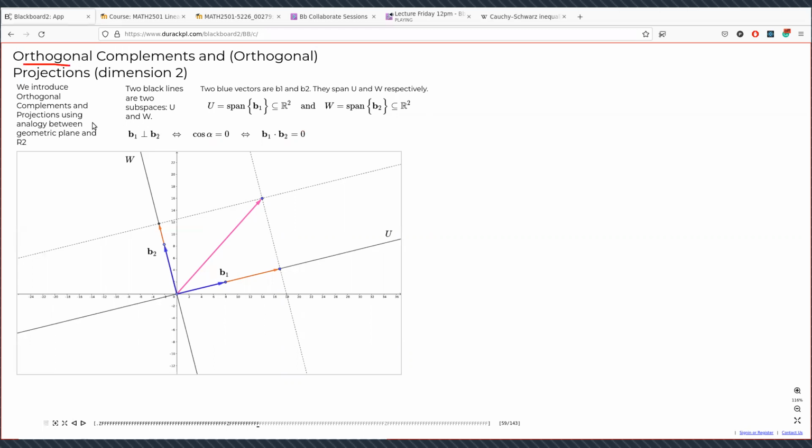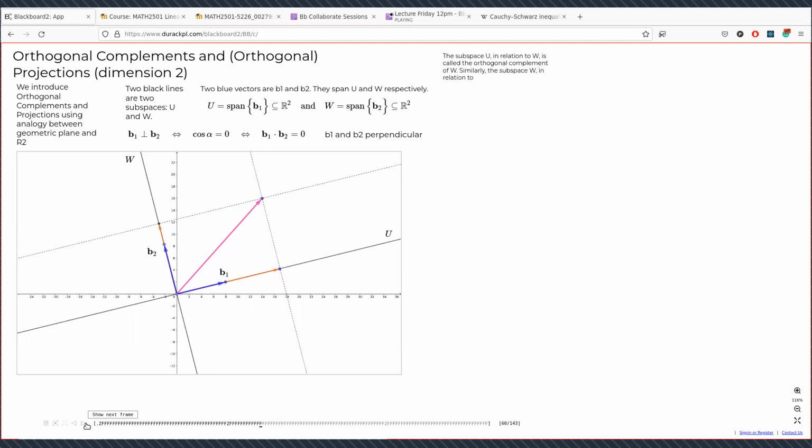Perpendicular means the angle between is 90 degrees, or in the language of the dot product, the cosine of the angle is 0. Cosine of 90 degrees is 0, and the dot product between those two vectors is 0. This is my assumption: B1 and B2 are perpendicular.